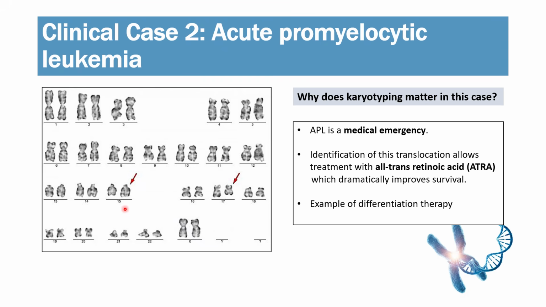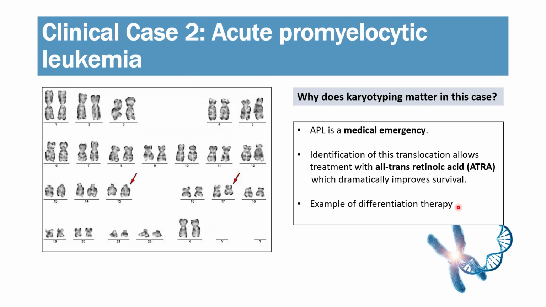Here you can see a translocation between 15 and 17 because AML-M3 or acute promyelocytic leukemia is a medical emergency. And what ATRA does is allows the promyelocyte to differentiate into neutrophils, and therefore it controls the number of WBCs in the body.